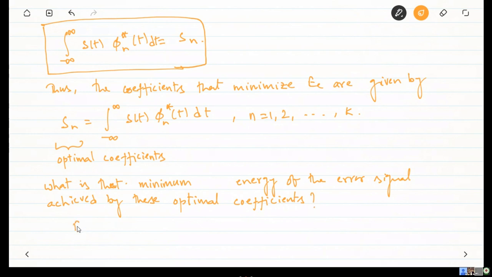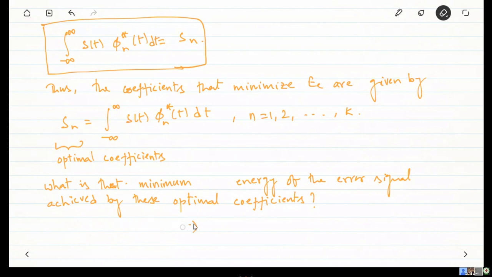So that we try to call it as EE minimum, EE min, right? So EE min is nothing but, so let's see this. Okay, so before going to this, yeah.